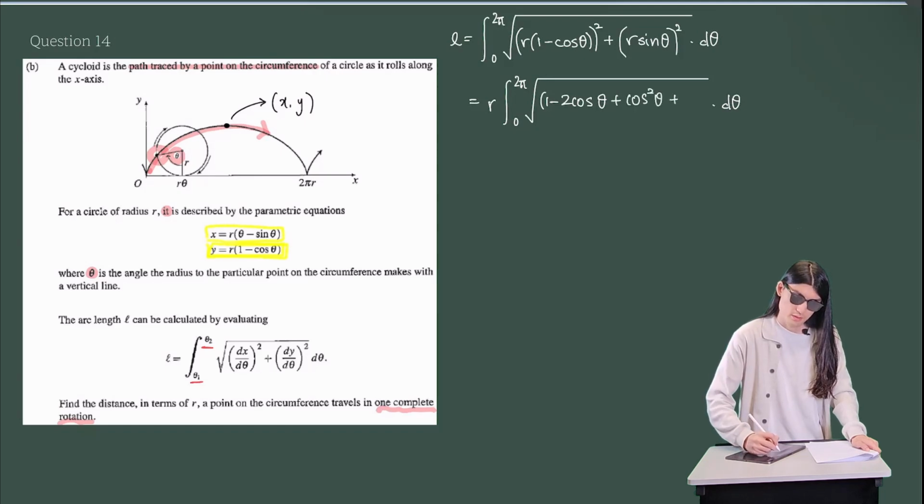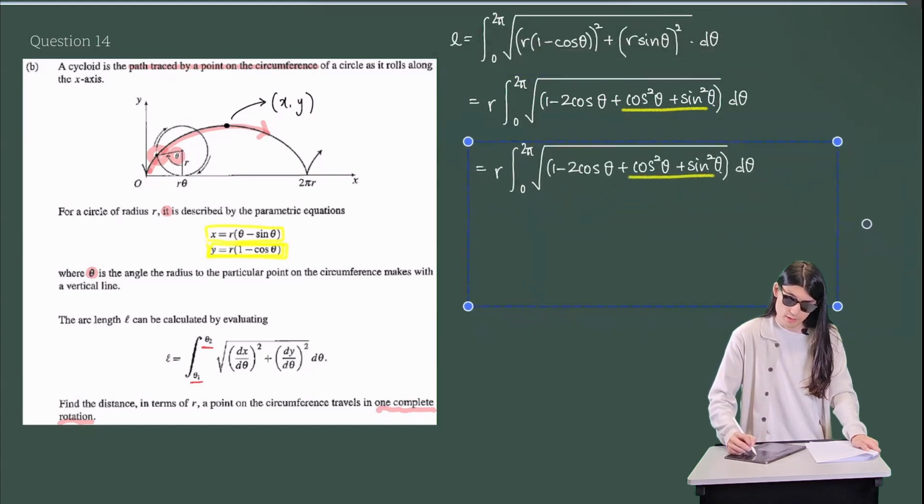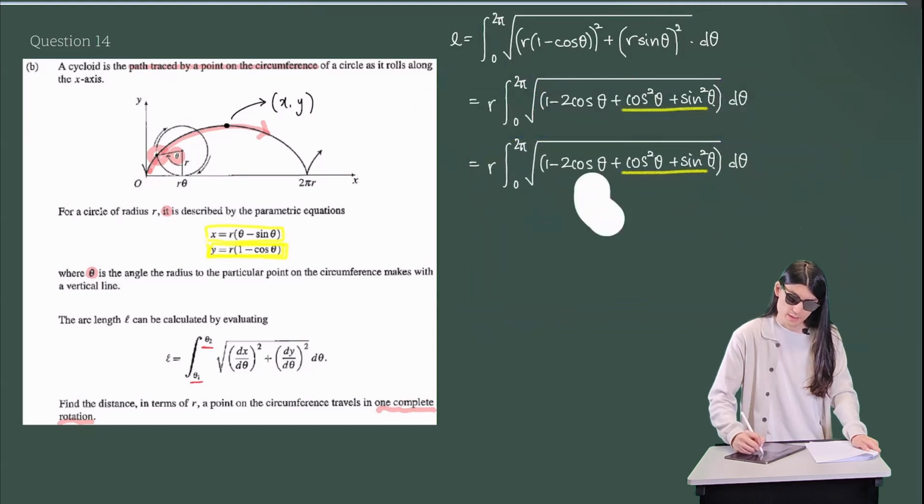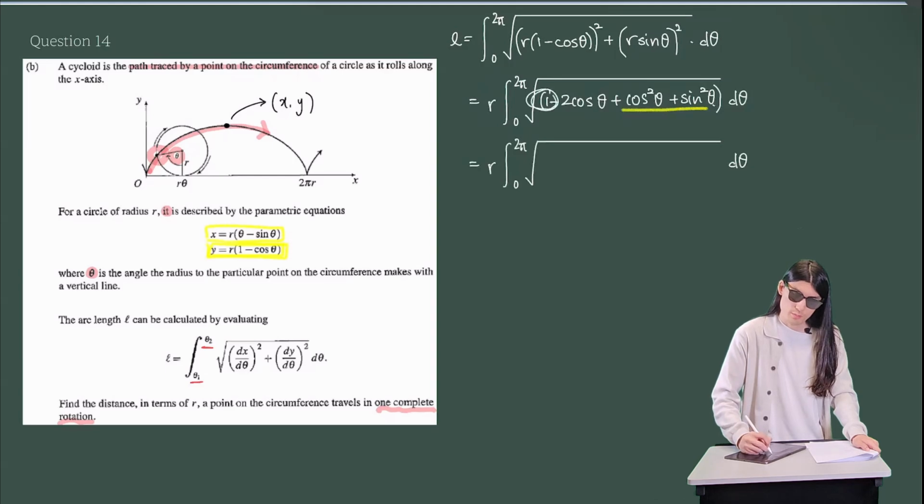And of course, the sine theta squared, sine squared, isn't it? And in here we've got cos squared plus sine squared, which of course would turn into 1. And therefore, you can write the expression under the square root as 1 plus 1, so 2, minus 2 cosine theta.